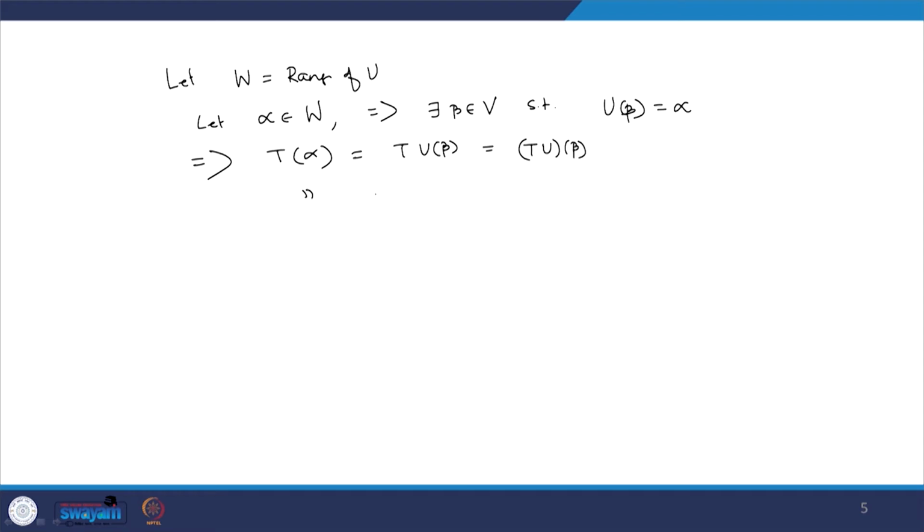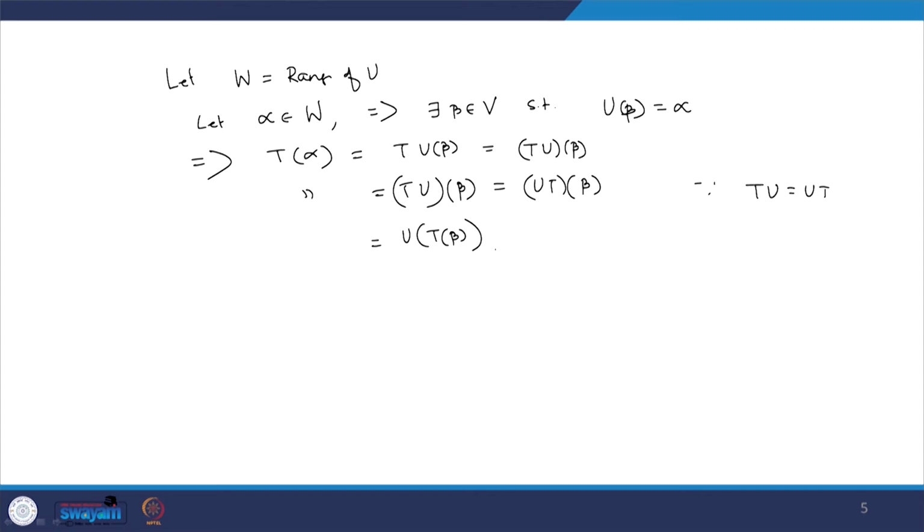So, T alpha equal to TU operating on beta, which is the same as UT operating on beta, since TU equal to UT. So, this implies U of T of beta. So, T alpha equal to U of T of beta.